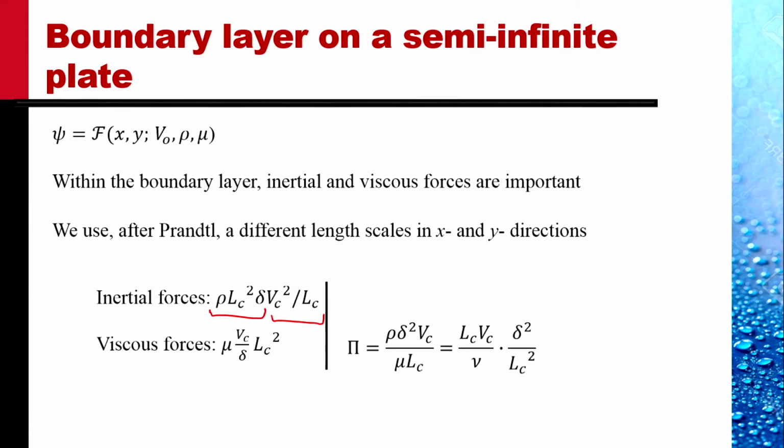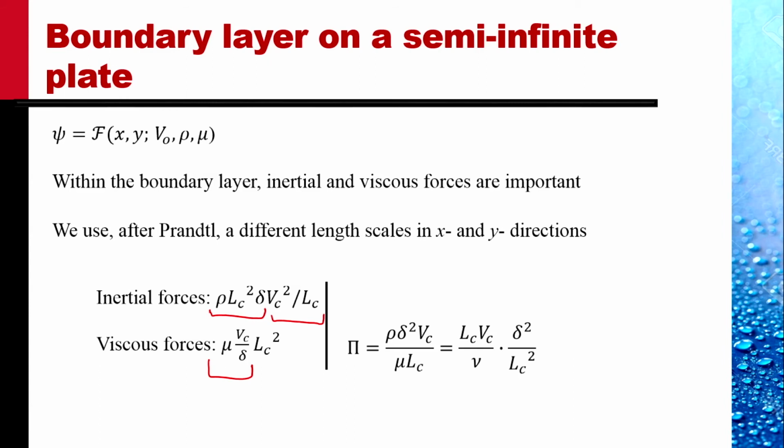And the convective acceleration, which is like Vc times del V by del x, should be Vc times Vc divided by Lc, or Vc square by Lc. Viscous forces are like mu times Vc by delta. This is del V by del y, mu times the velocity gradient del V by del y.